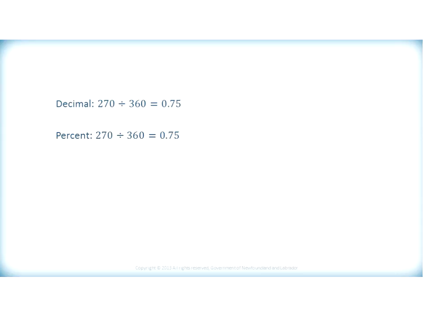So we have 0.75 as a decimal probability, but we're going to multiply that by 100, and of course it's in units percent. So 0.75 means we have a 75% chance of catching either a whitefish or a trout.